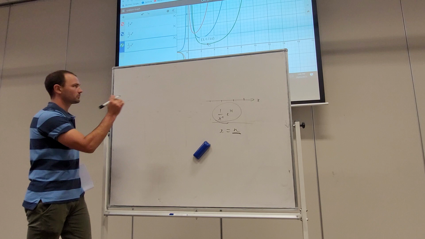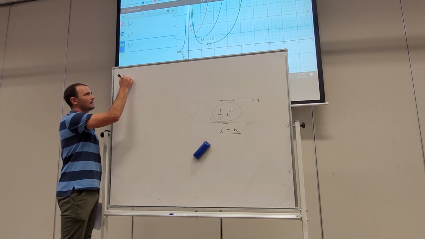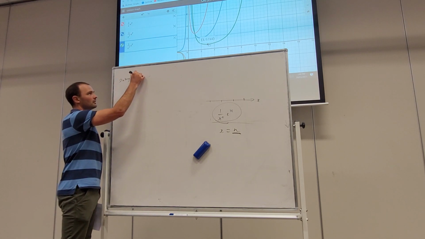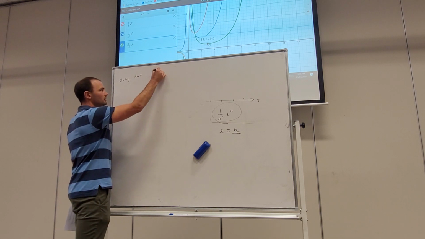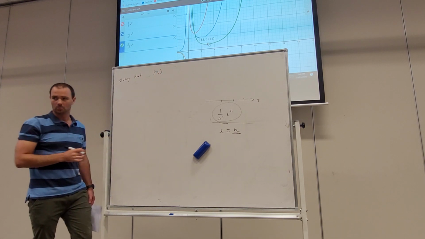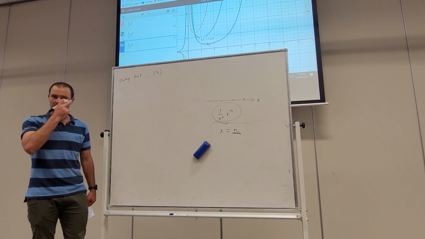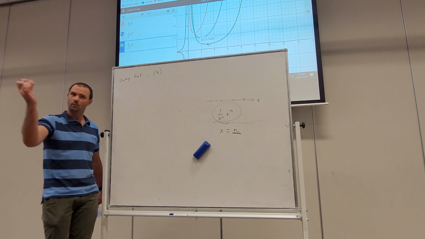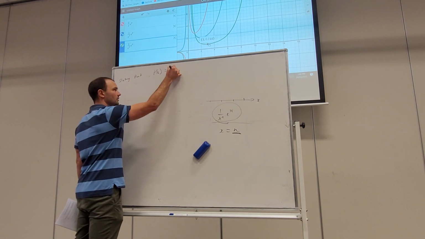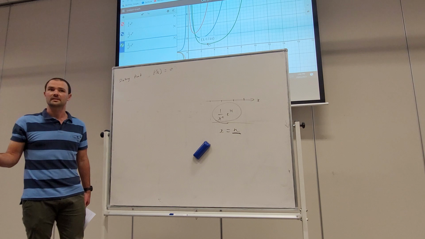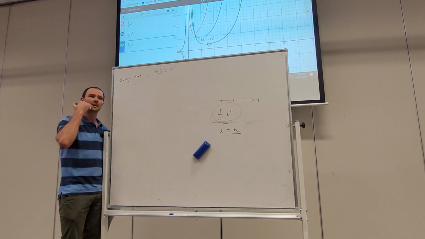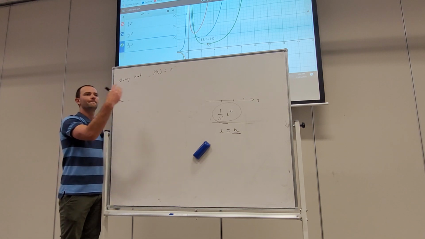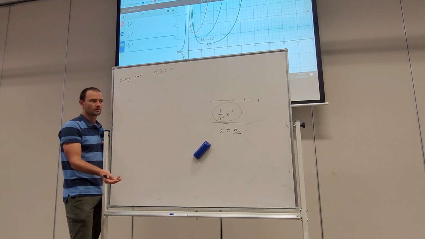All right, stationary point. Stationary point means the function is horizontal. All right, the slope is 0. Stationary point means f dash of x equals 0. So we've got something to do. Find f dash of x, make it equal to 0, find the values of x that make it equal to 0.